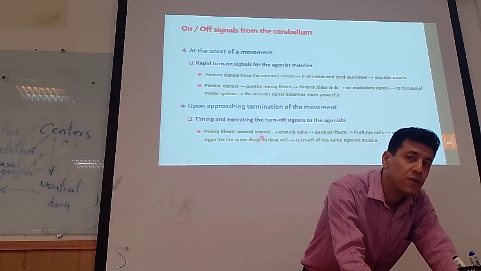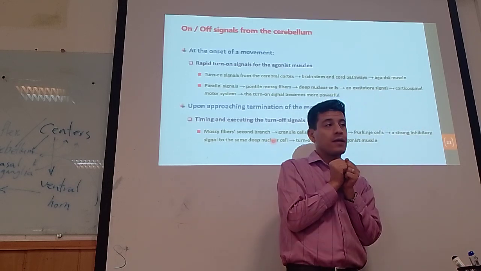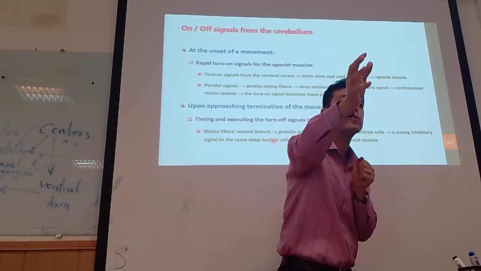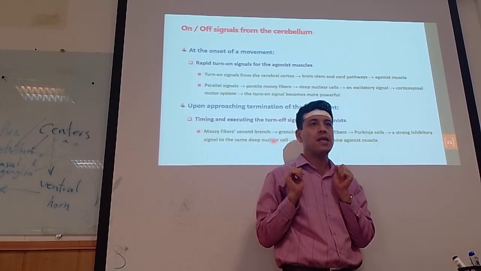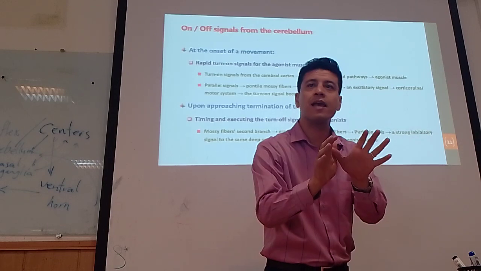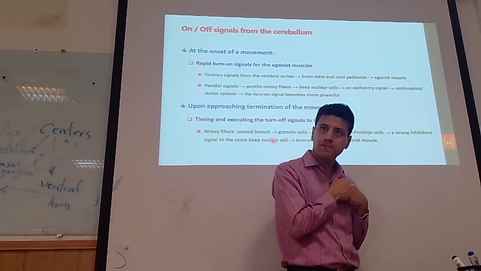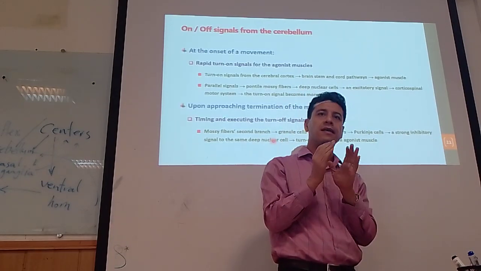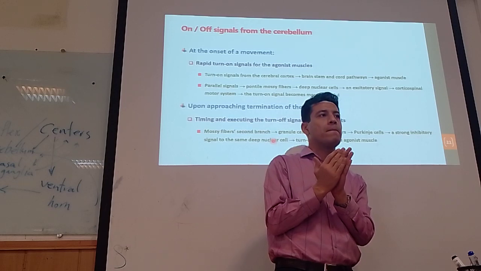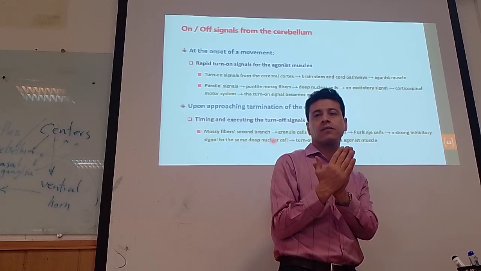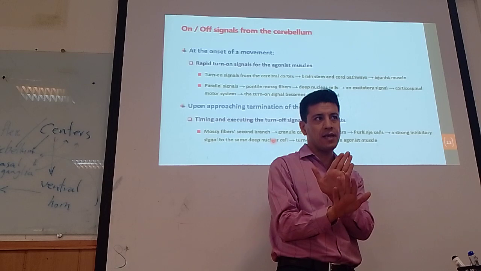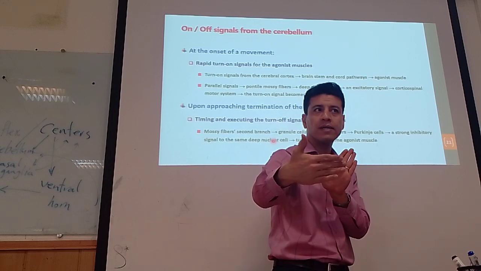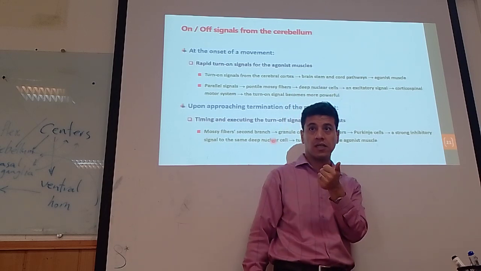They inhibit the deep nuclear cell. Deep nuclear cell removes its support from the cortex. So at the beginning, it supports the cortex. At the end, it removes the support. Right? So this way, it can make a movement very powerful at the beginning, then it brakes the movement at the end. Got it? Yes, sir.